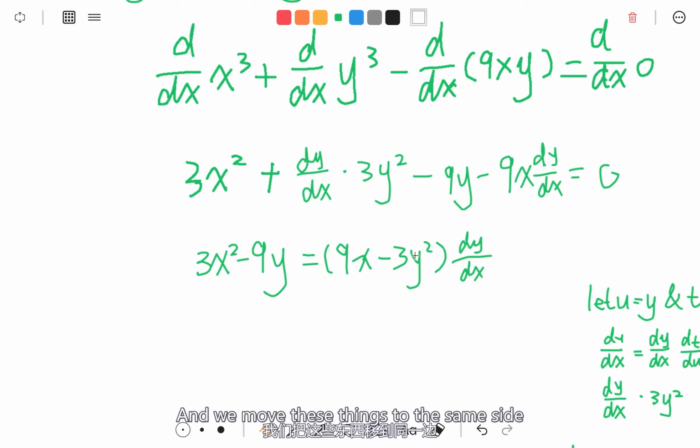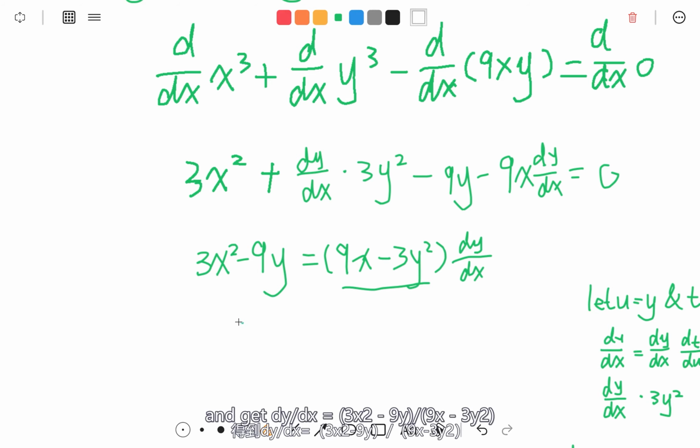And we move these things to the same side and get dy dx equals 3x squared minus 9y divided by 9x minus 3y squared.